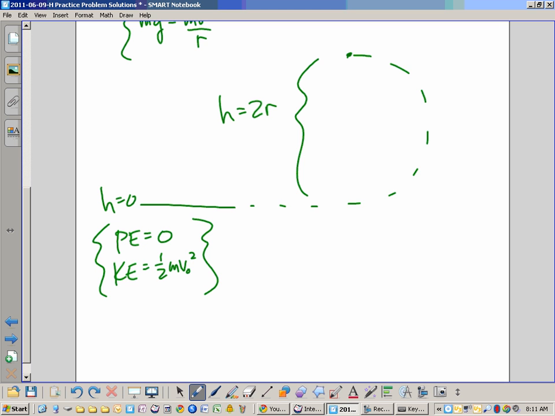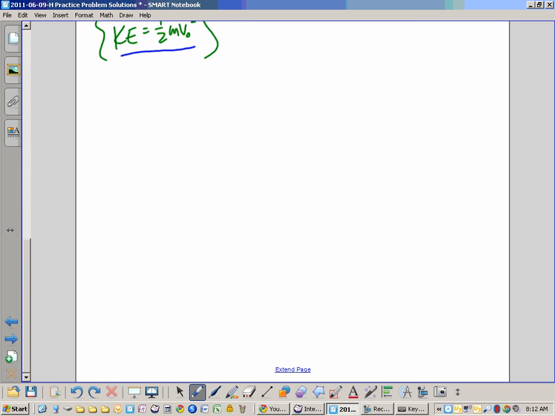So at 2r, we know that its total energy, 1/2 mv squared plus mgh, which is 2r up at the top here, has to be equal to what? This energy down here, because energy is conserved.